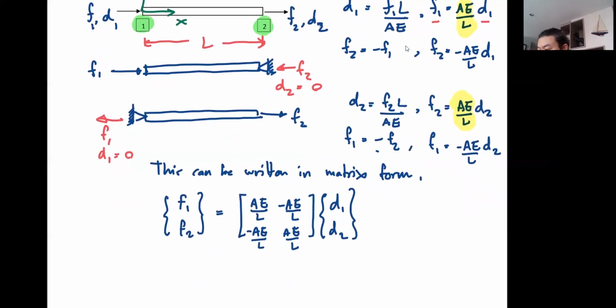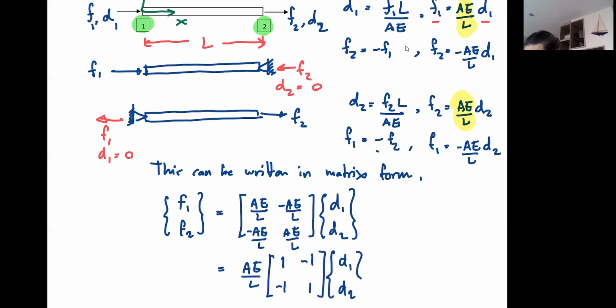I can further simplify this by taking AE over L out of the matrix. Oops, sorry. And this becomes 1, minus 1, minus 1, and 1. And this is too short. D1 and then D2. So without further ado, that is what we call the force matrix, right?